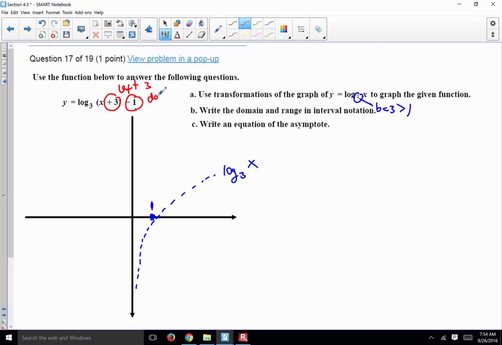This is a downshift. So you need to move this 3 left and 1 down: 0, -1, and -2. This is the new location where it crosses, and I need to go down 1 here. So this point travels down here, and I need to make my final picture.